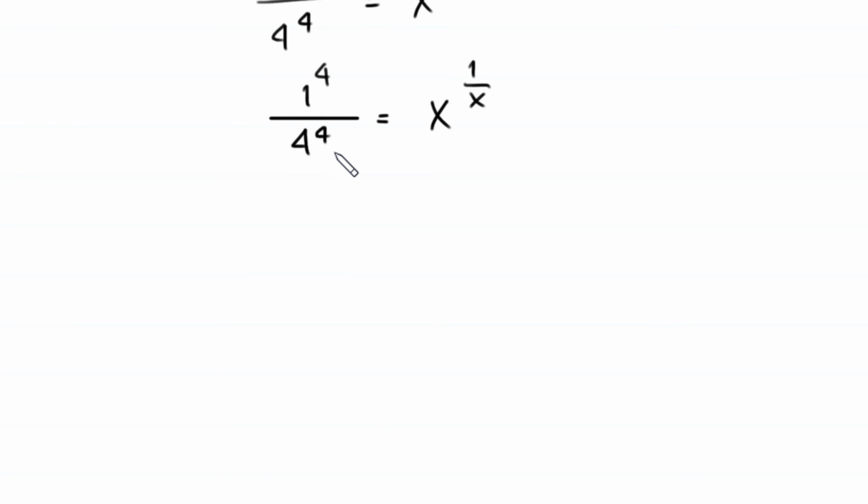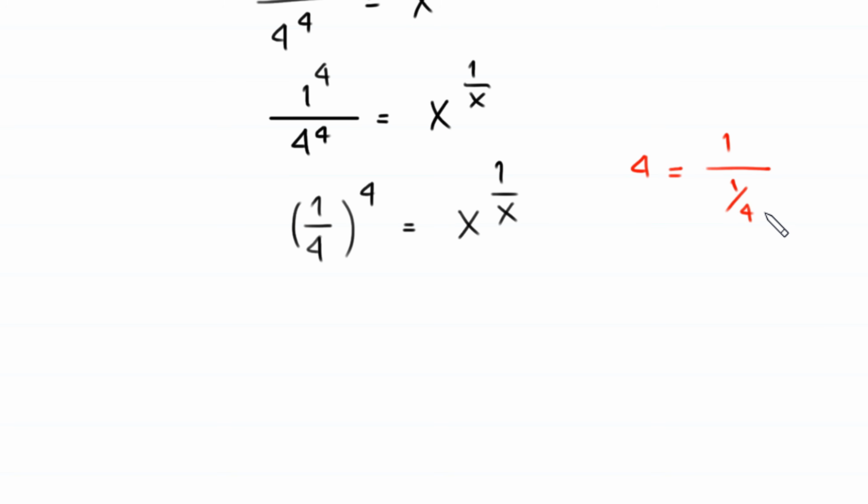Now this expression at the left hand side can be written as 1 over 4 whole to the power 4 is equal to x to the power 1 over x, and 4 can be written as 1 over 1 over 4. So we can rewrite the left hand side as 1 over 4 whole to the power, we write this 4 as 1 over 1 over 4, is equal to x to the power 1 over x.